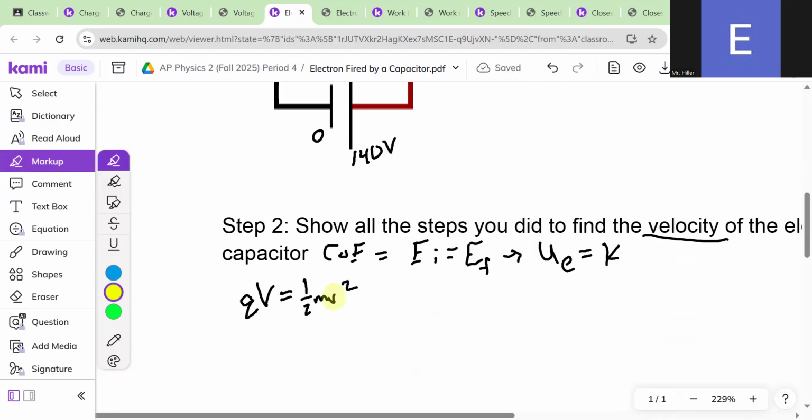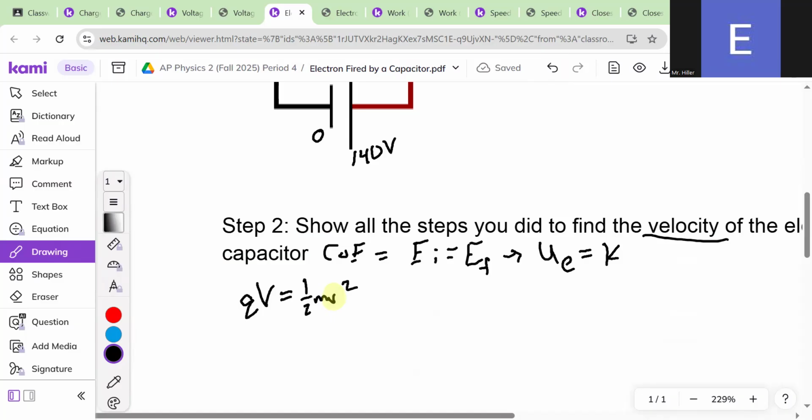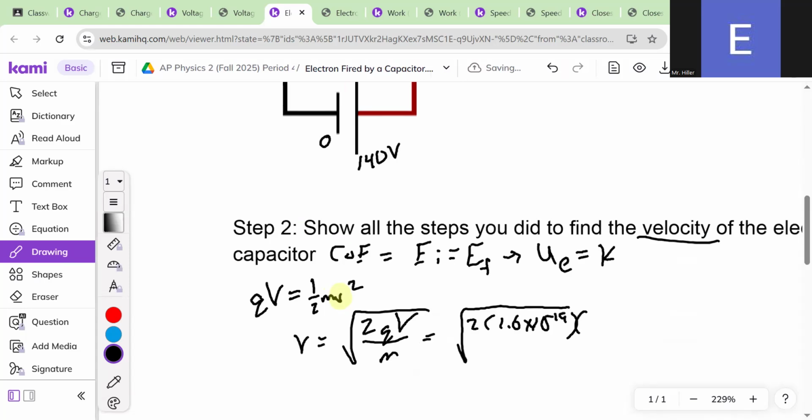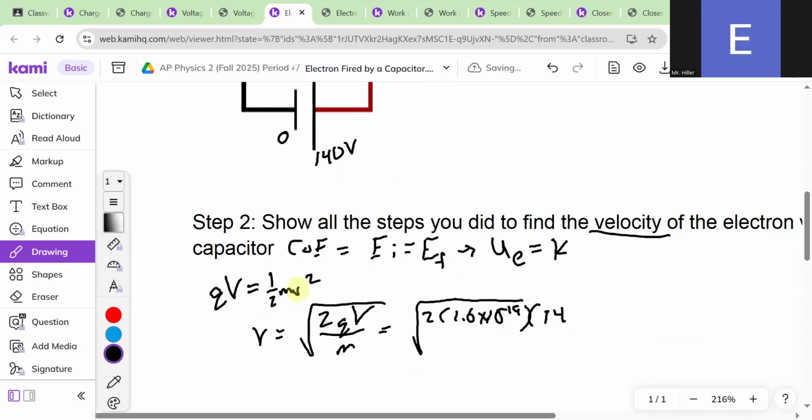How do we solve for that? Well, you're going to multiply by 2 to get rid of the half, divide by m, and square root. So little v is equal to the square root of 2q times the voltage divided by the mass. So let's figure out the speed. 2, the charge of an electron, 1.6 times 10 to the negative 19, times your voltage, in my case, 140, divided by the mass, very small mass, 9.11 times 10 to the negative 31.